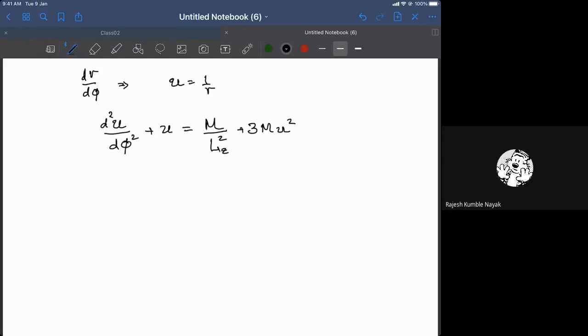So this was our main equation which we are trying to solve. If you purely look at the Newtonian thing, then this term won't be there.